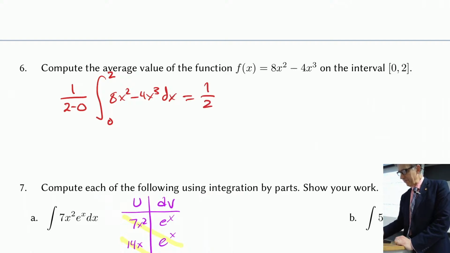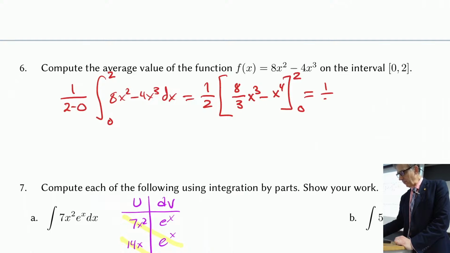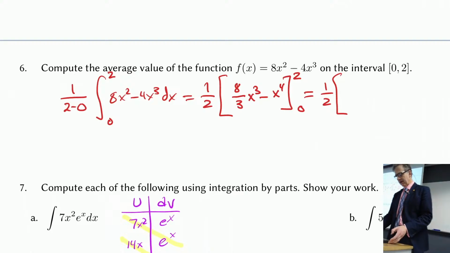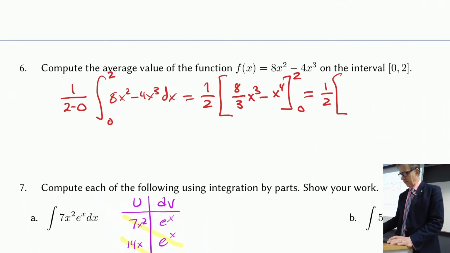So 1/2 times, let's see, the antiderivative of 8x squared is 8/3 x cubed, minus x to the 4th, evaluated from 0 to 2. So this will be 1/2 times, what's that going to be? 8 times 8 is 64/3 minus 16, which is 64/4.